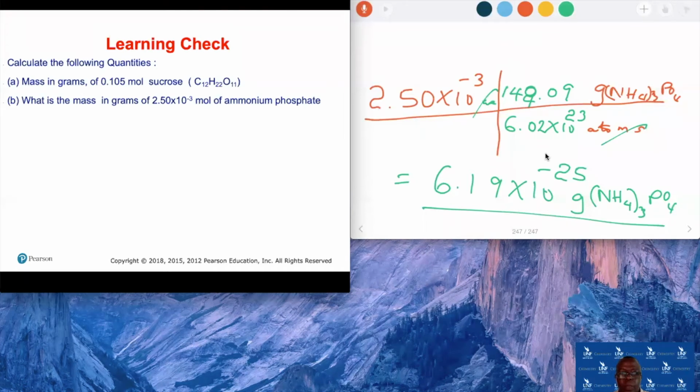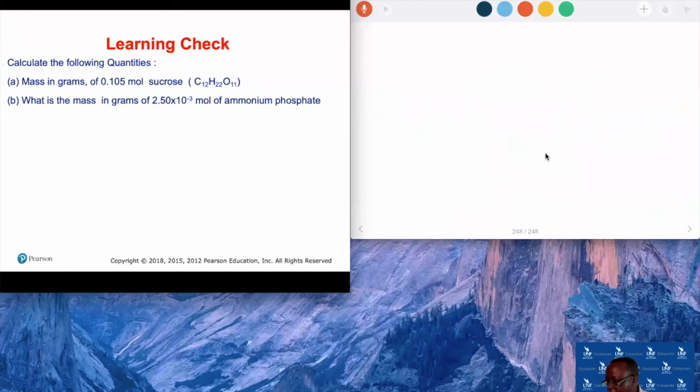Any question on the molar mass, changing from moles to atoms? The key thing is understanding this.